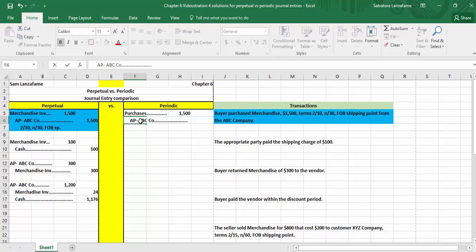The huge difference is that under periodic, you're recording an expense when you buy. Under Perpetual, you're recording it under an asset. So huge, huge difference there.